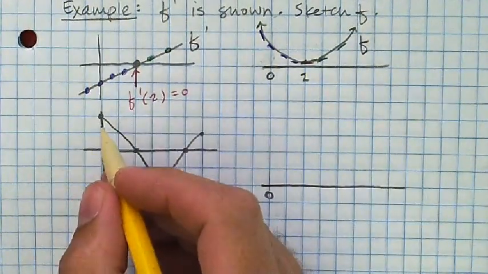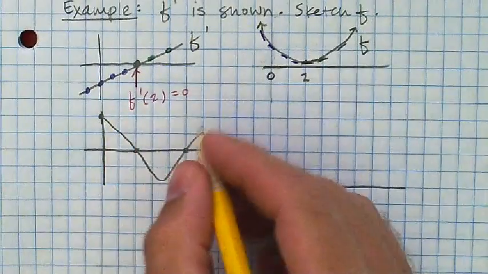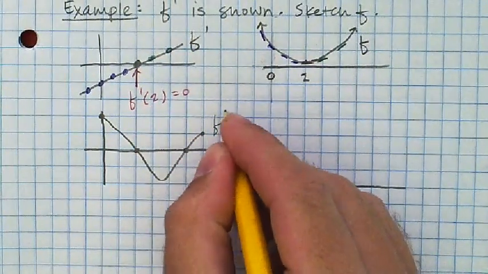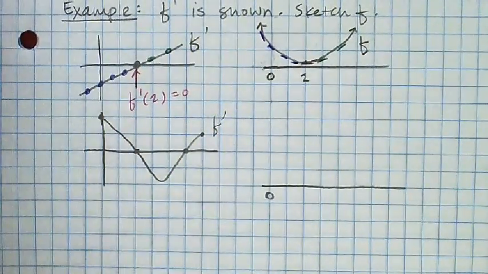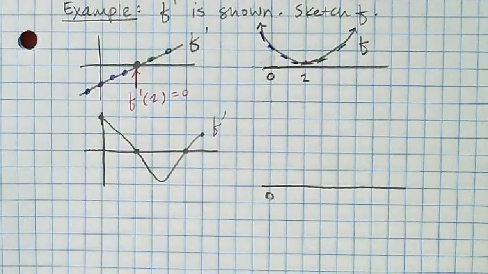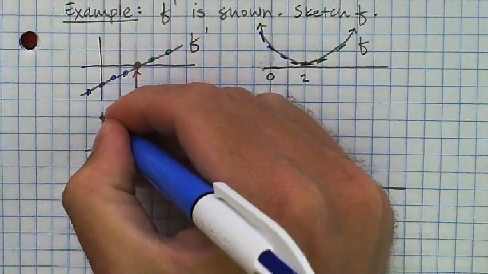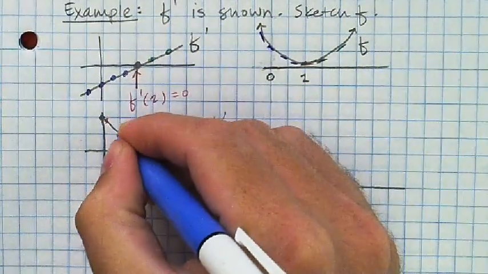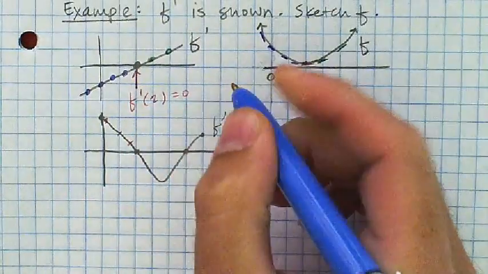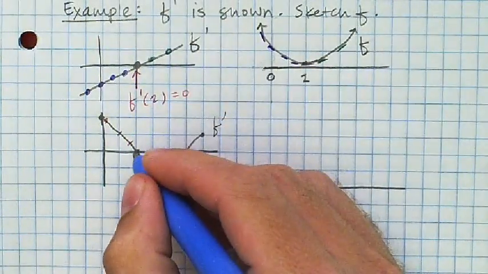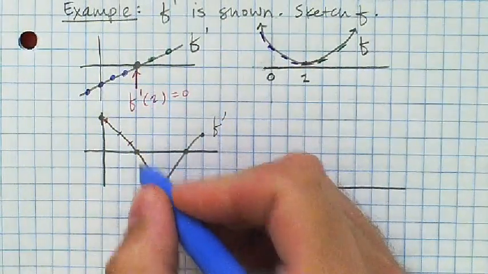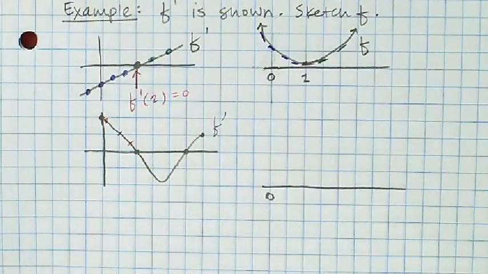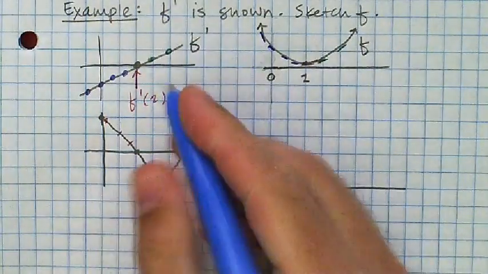So, over here, we're going to start with this being the graph of f prime. Always good to label. It starts off with f prime positive, and it's really positive at first. Then it becomes less positive. Then we have a 0 slope, and then the slope is going to go negative.